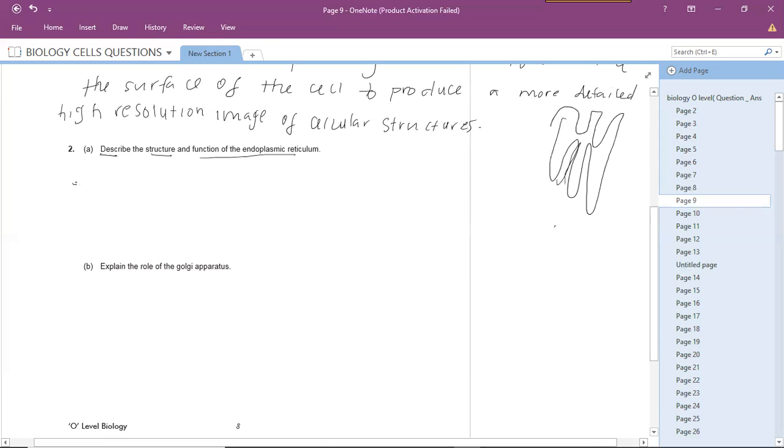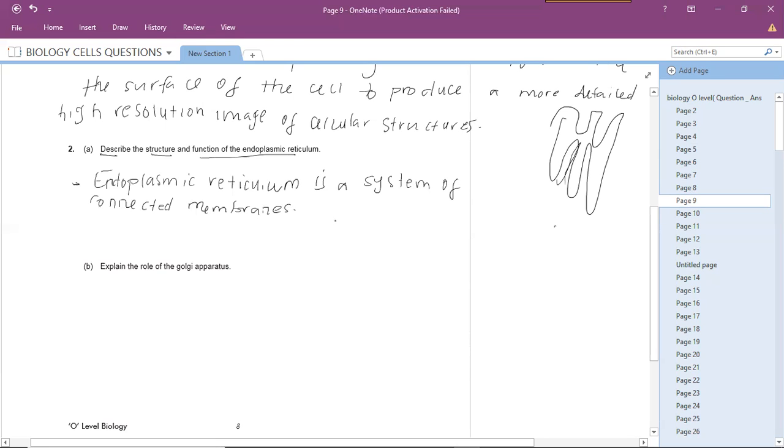So describe the structure: endoplasmic reticulum is a system of connected membranes. You gain marks by describing the structure.